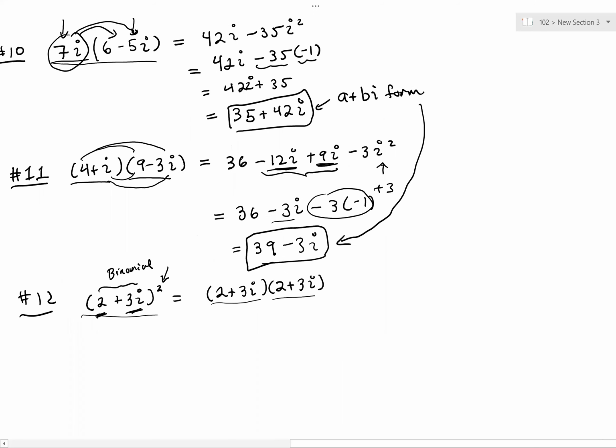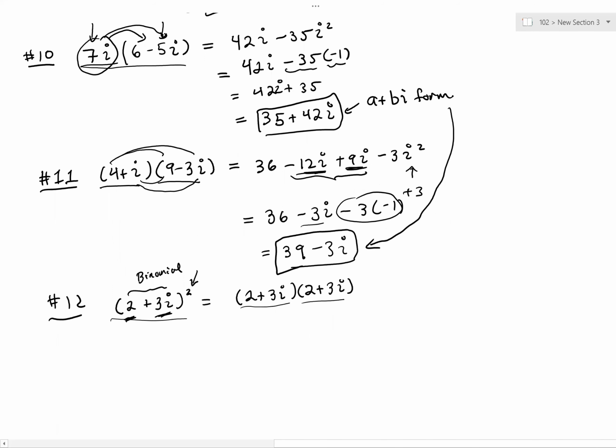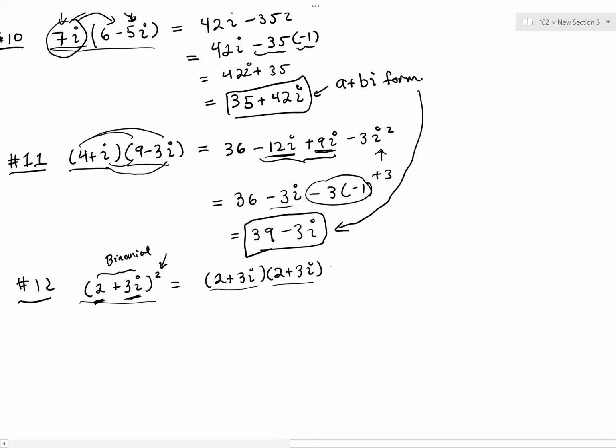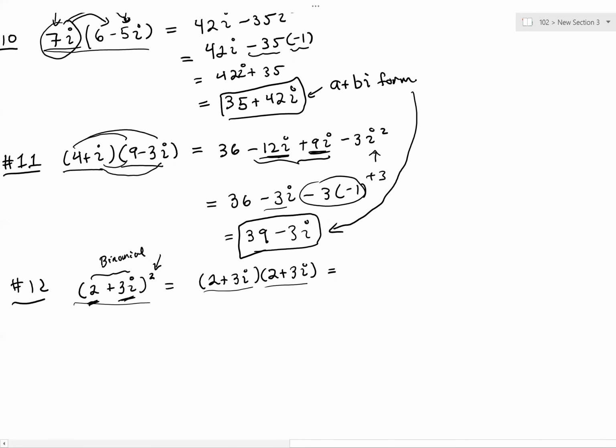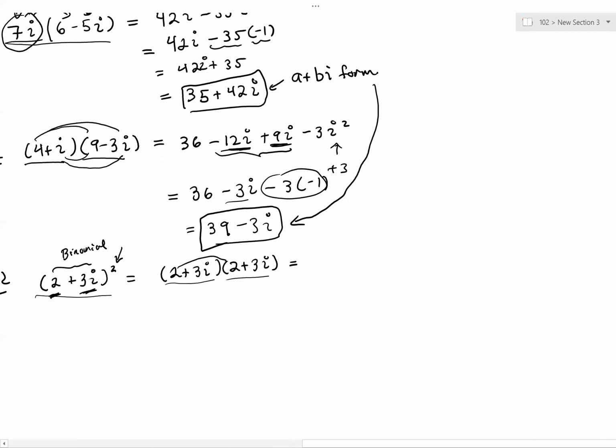So this is a similar situation to what we did in number 11. We have to FOIL this. So if I FOIL this, I'll end up with 4. You can also use the binomial formula.